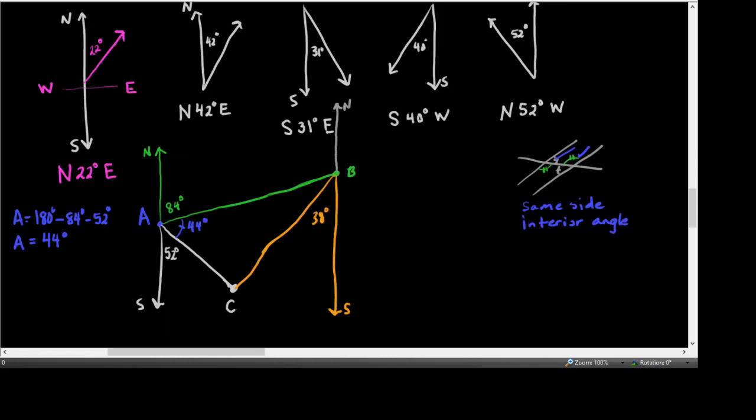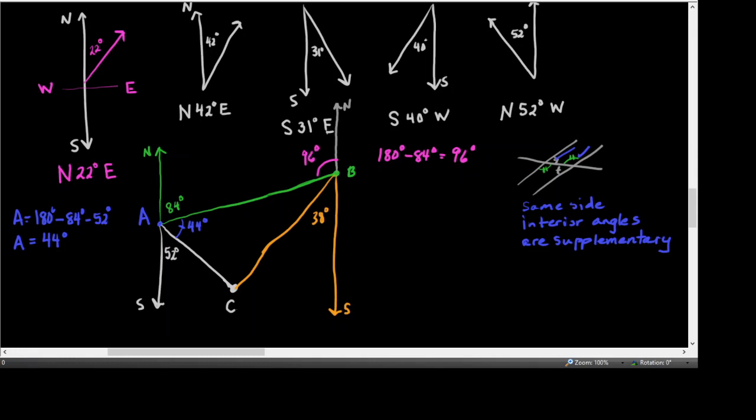They're supplements. Right, they're supplementary. So that means, therefore, that the angle right here is the supplement of that 84. So that angle will be 180 degrees minus 84 degrees, and so that is 96 degrees. So that's a 96 degree angle.